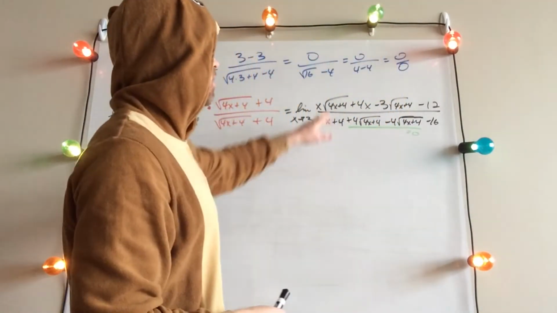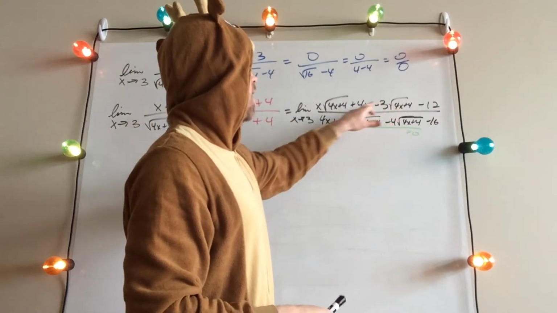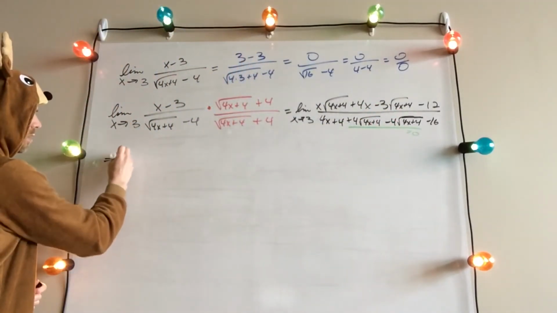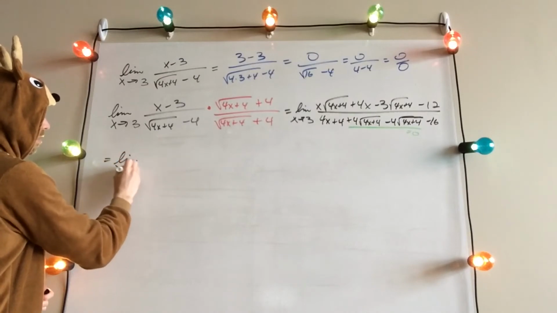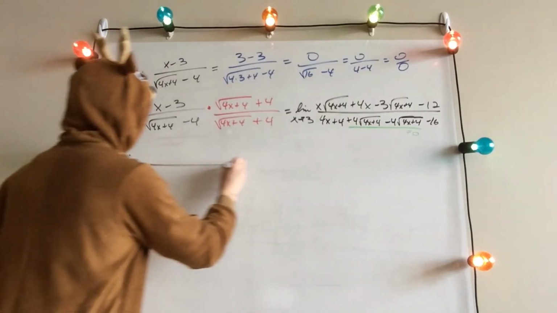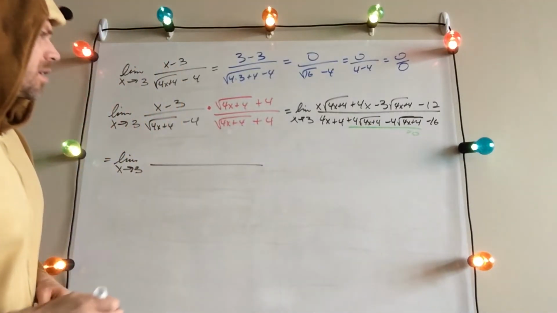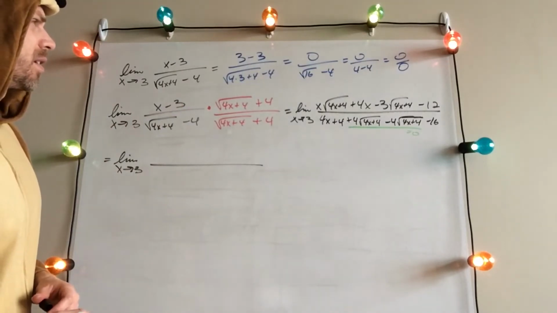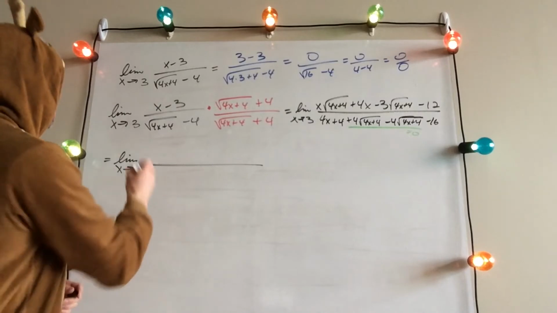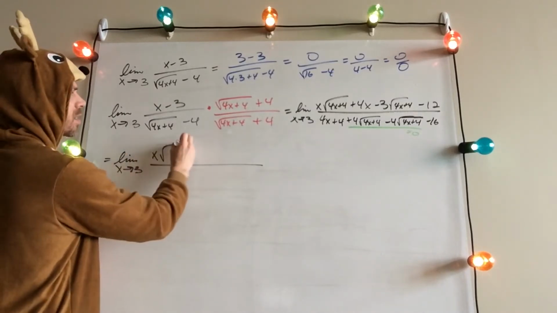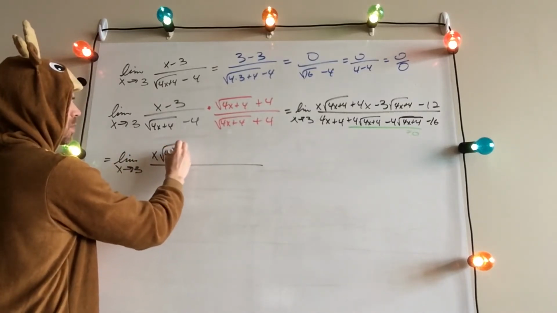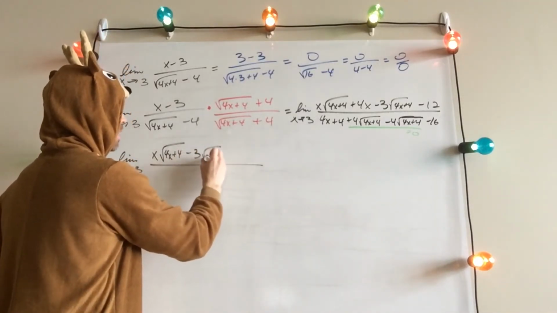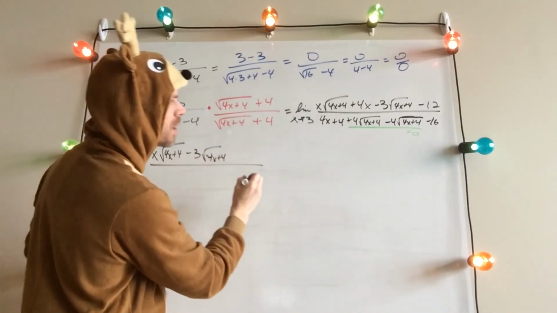I do have the same radical right there in the numerator. So I'm going to rearrange those pieces. X times the square root of 4x plus 4, minus 3 times the square root of 4x plus 4.